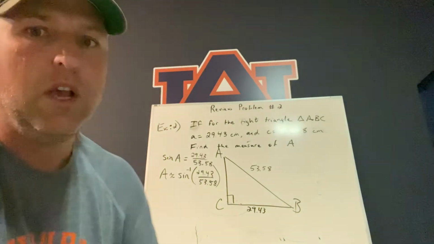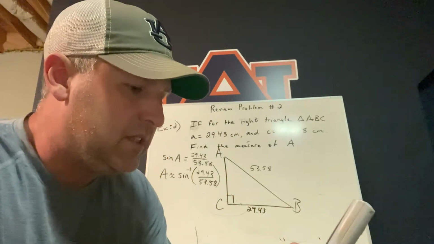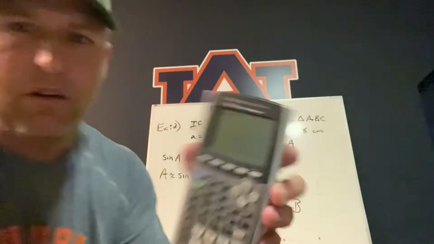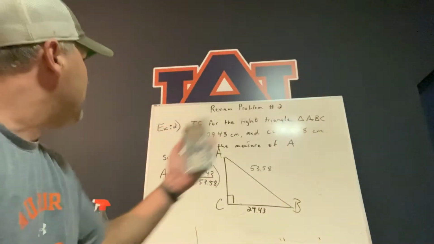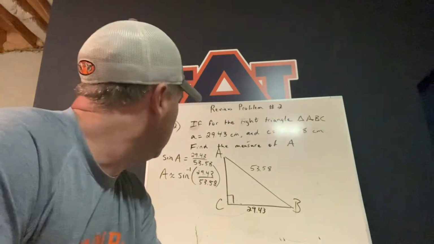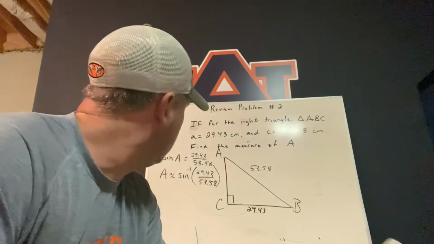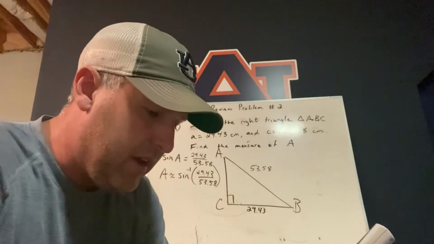calculator is in degrees. So all we're going to do for this calculator is go second, tangent inverse, okay? So it looks like that, all right? And then we can just go 29.43 divided by 53.58.